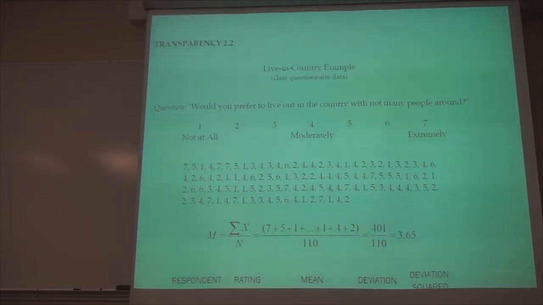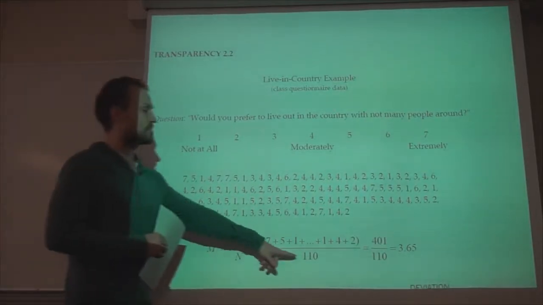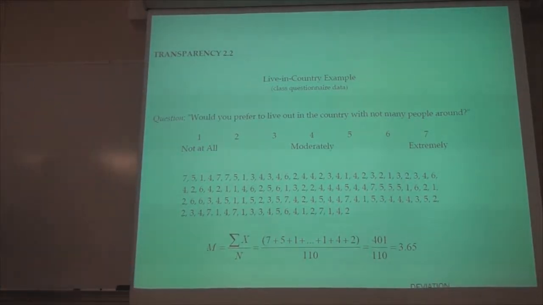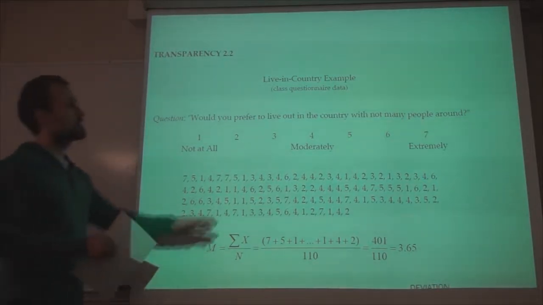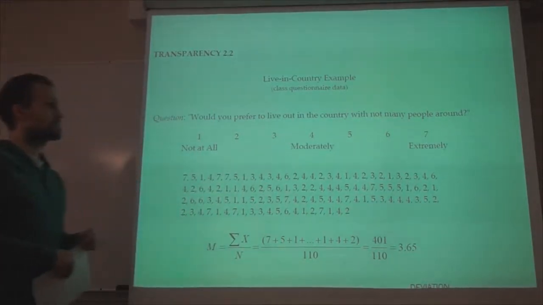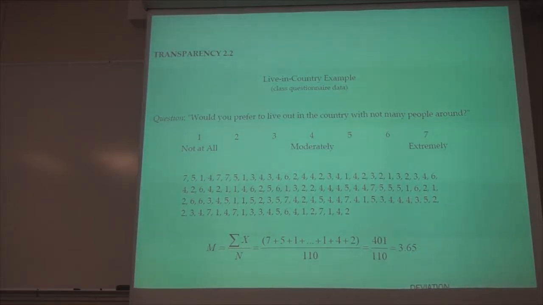I add them all up and divide by how many there are, just the average that everyone is used to. If you ask anyone how to calculate the average of some numbers, they'll tell you, add them up and divide by how many there are. So I get the balance point, the center of the distribution, at 3.65. It's a little under the middle score, but it's fairly well positioned in the center.